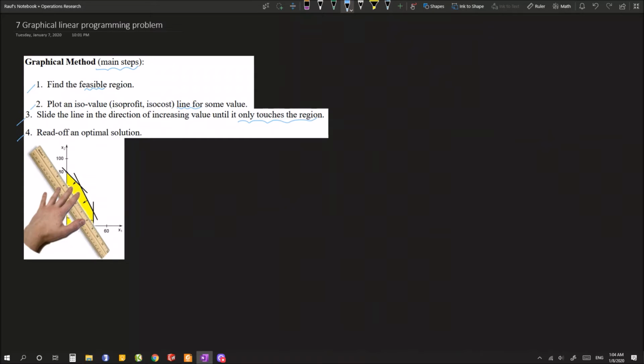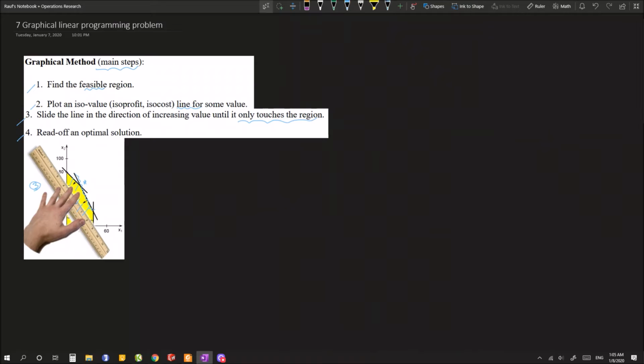So this is step number 3. You use a ruler to slide along your feasible region to decide where your optimal point is, as we will discuss in the future, and where your feasible region is in that case.